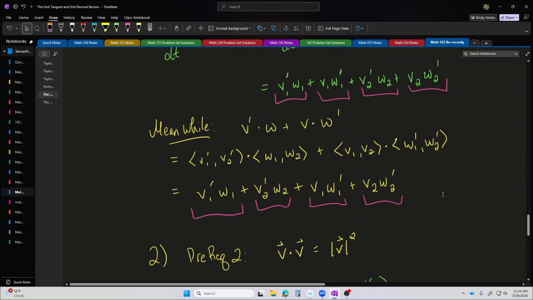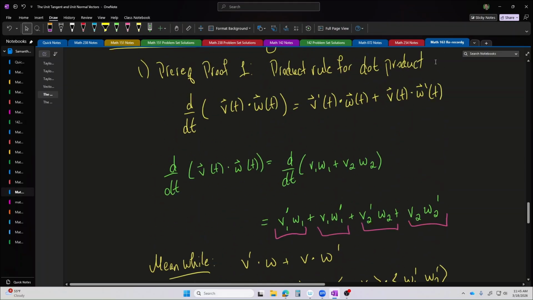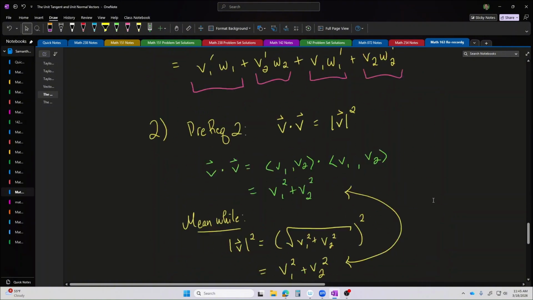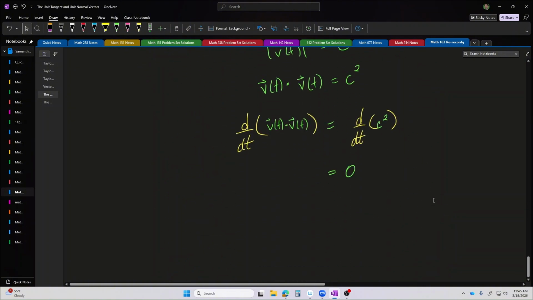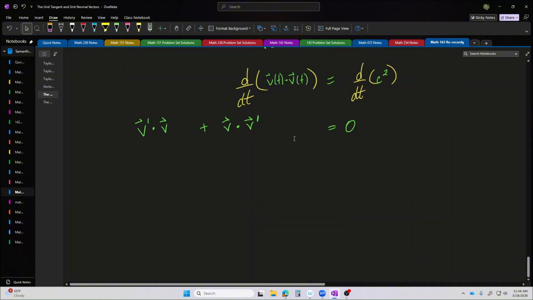So on the right side we have 0, and on the left side we get to use this product rule for dot products that says that the derivative of two functions dotted together, you can simplify that by taking the derivative of the first function dotted with the second function, plus the first function dotted with the derivative of the second function. So in this case, we get v prime dot v plus v dot v prime, and that on the left side is equal to 0 on the right side.